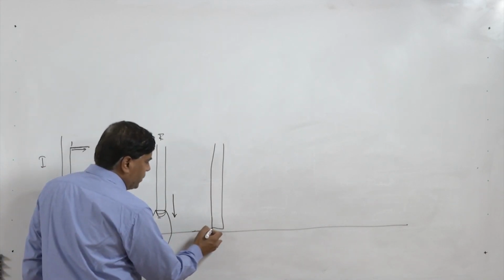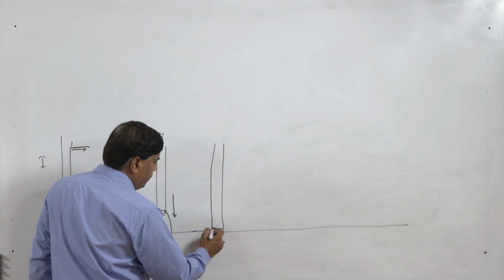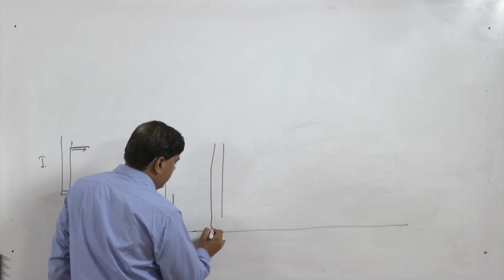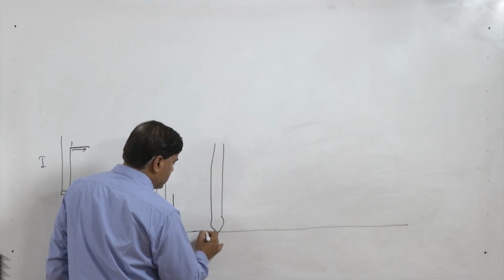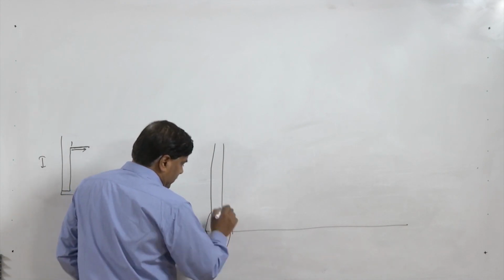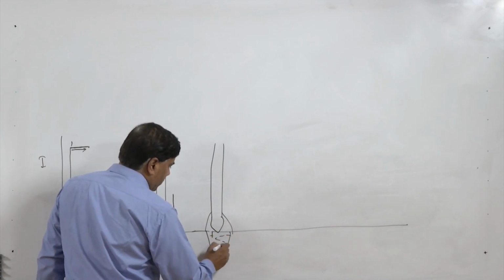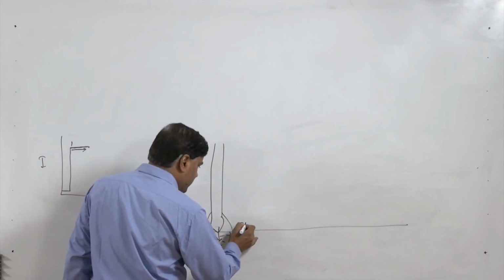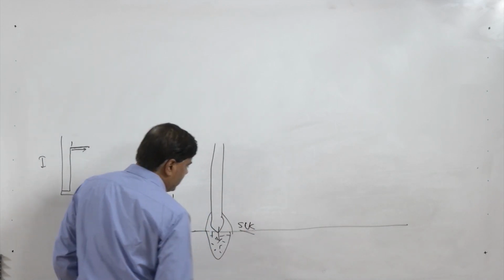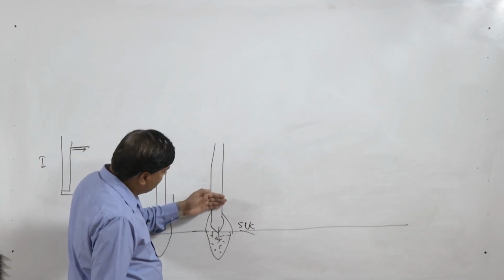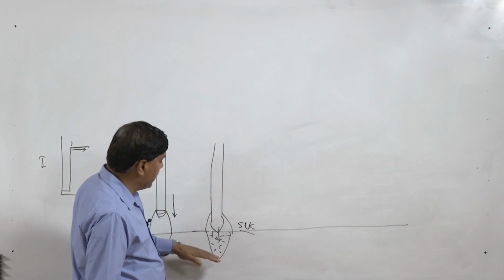As soon as the drop touches the pool, the drop will get transferred. In this case, short circuiting will take place. The transfer is just by touching the pool, the circuit is completed between the electrode and the pool.